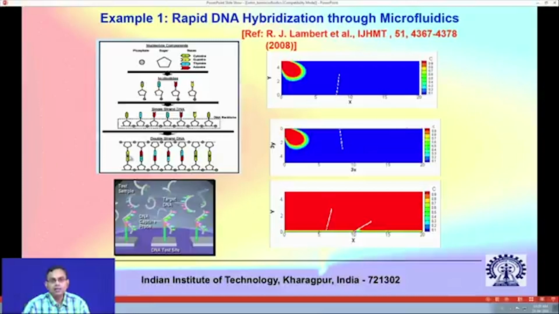Basically one base from one sugar tries to combine with its complementary base from another sugar of another strand, and which bases combine? A wants to get combined with T and C wants to get combined with G, and this is by virtue of hydrogen bonding.